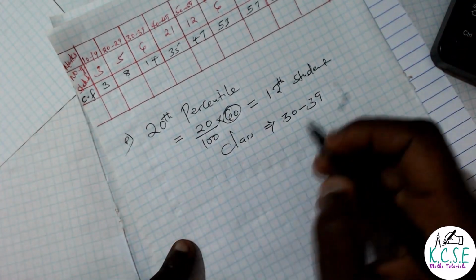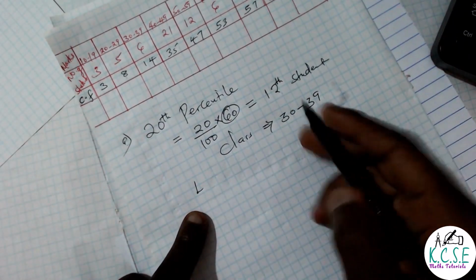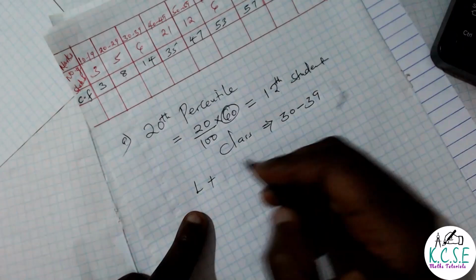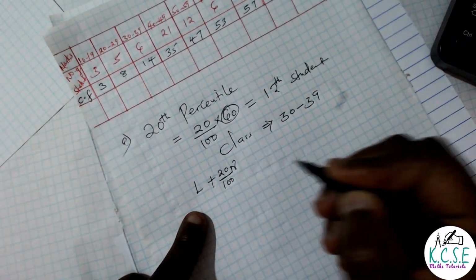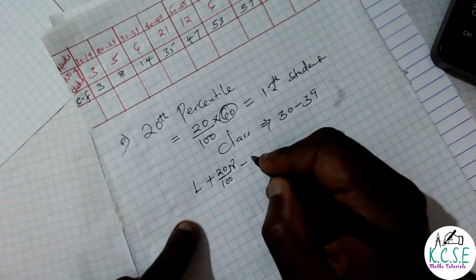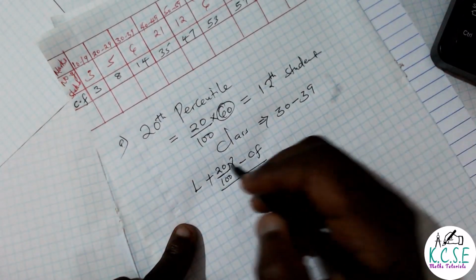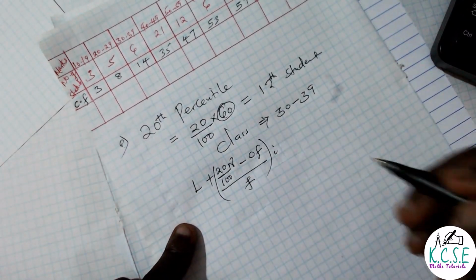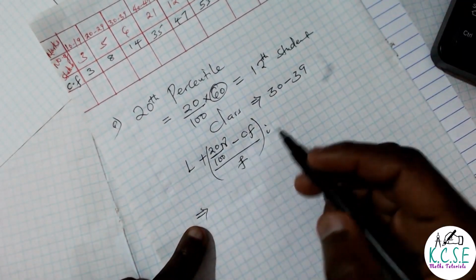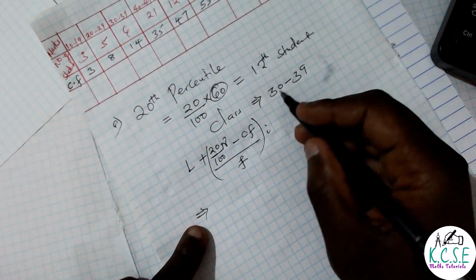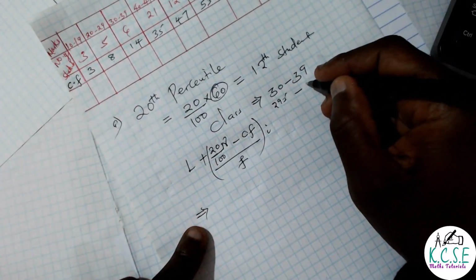We shall use this formula: L, that is the lower class limit of this class, plus 20 over 100 times the total frequency, then subtract the cumulative frequency above that class, divided by the frequency of that class, multiplied by the class size. The class is 30 to 39. The lower class boundary will be 29.5. The upper class boundary will be 39.5.